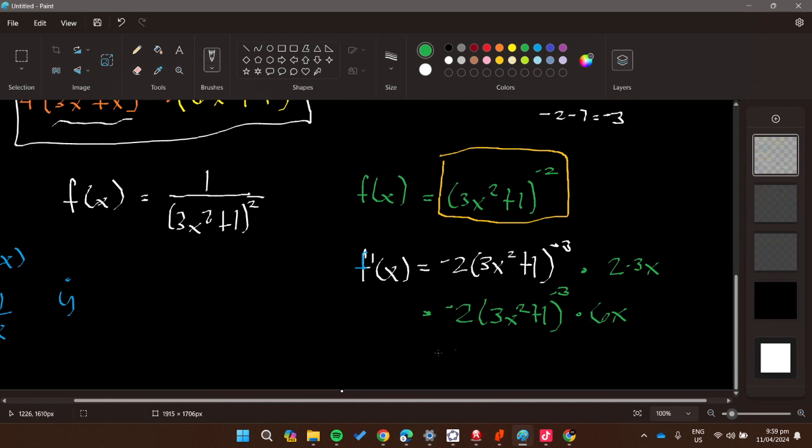Negative 2 times 6 gives you negative 12. We bring this down to our denominator, and since we put it down, the sign will change, so it becomes a positive 3. So the answer is negative 12x over the quantity 3x squared plus 1 raised to 3. I hope that is clear so far.